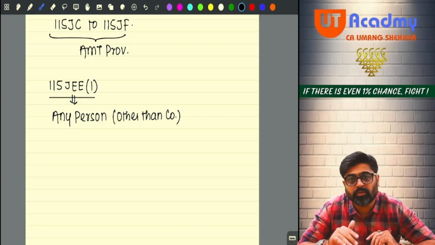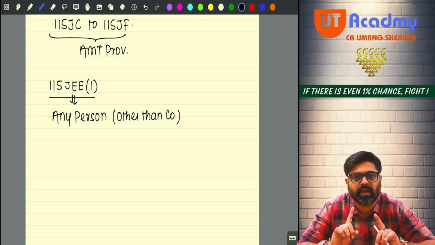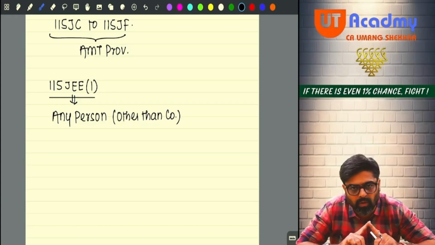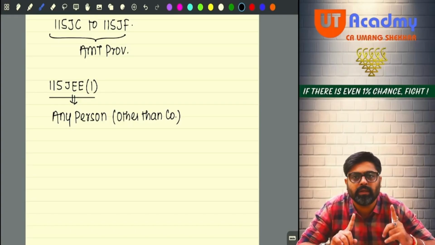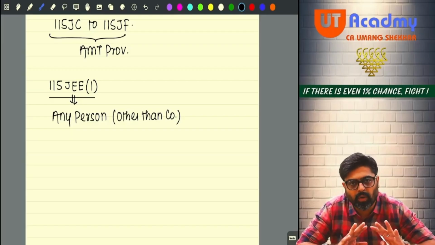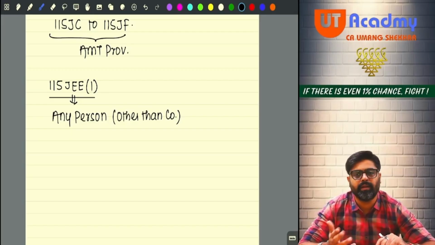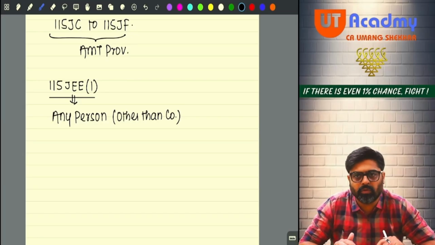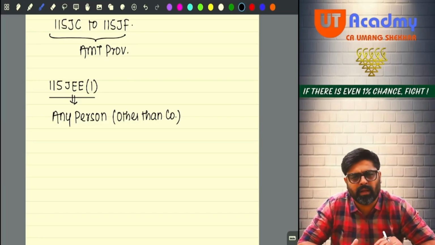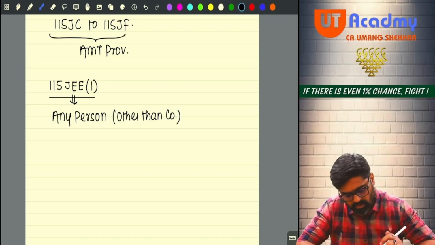Yes or no? These alternate minimum tax provisions are applicable to all the assessees, all types of persons other than a company. You can be an individual, HUF, AOP, BOI, firm, LLP, you can be any person.